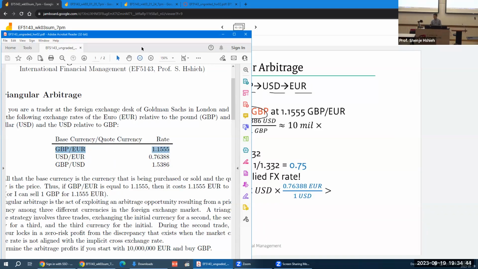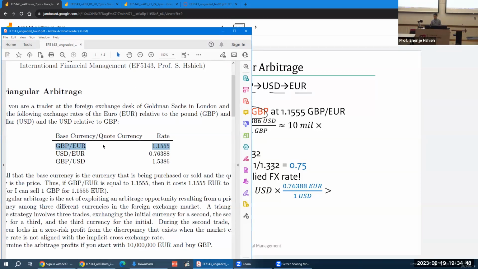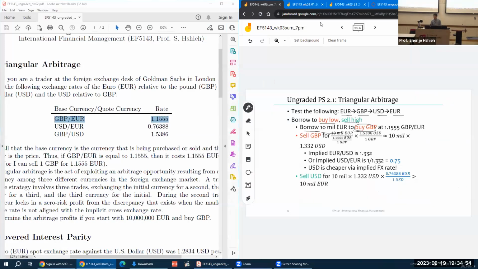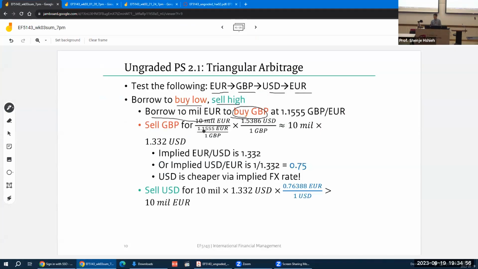So I'm going to be dividing, right? If I have 10 million euros, I'm going to divide by this price to get the quantity of pounds. I erase this line, sorry. So you have 10 million euros divided by 1.1555 euros per pound, right? And then I'm going to translate it to US dollars.